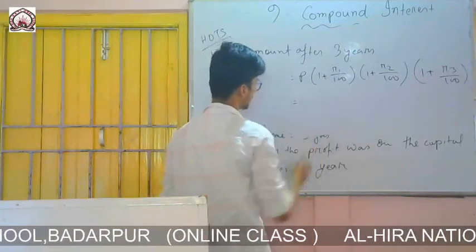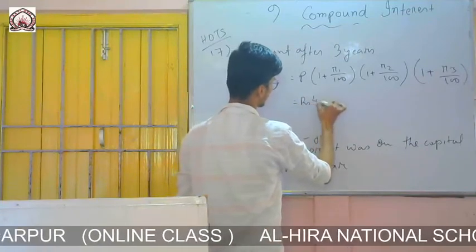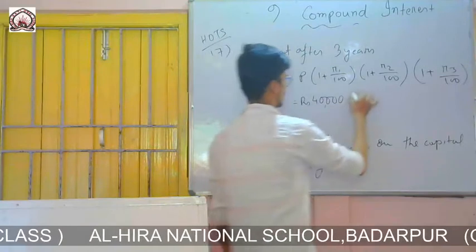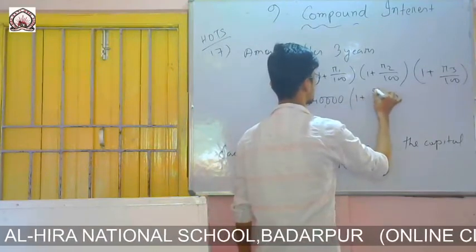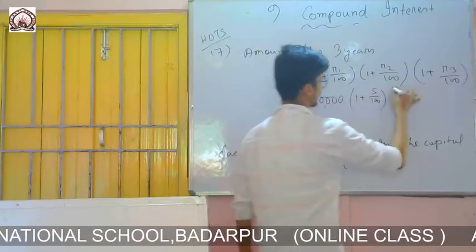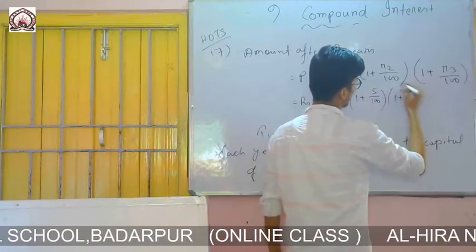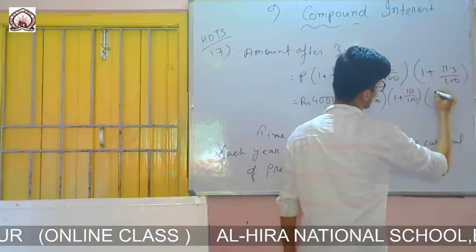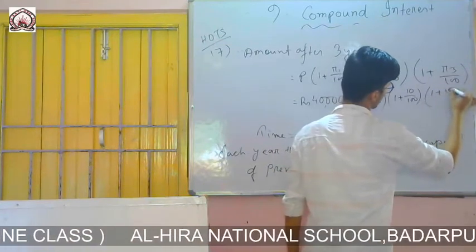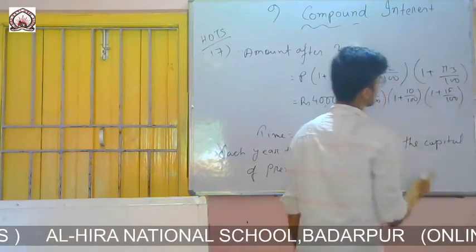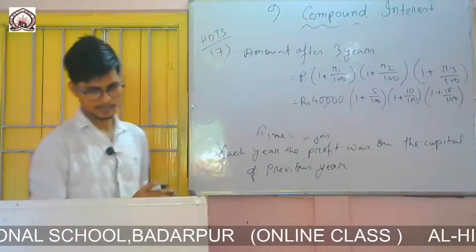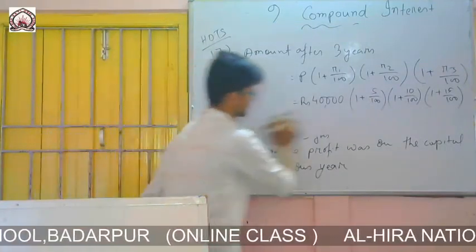So the principal was given rupees 40,000, and the rate for the first year was 5%, so 5 by 100. For the next year it was 10%, so 10 by 100, and for the third year it was 15%, so 15 by 100.